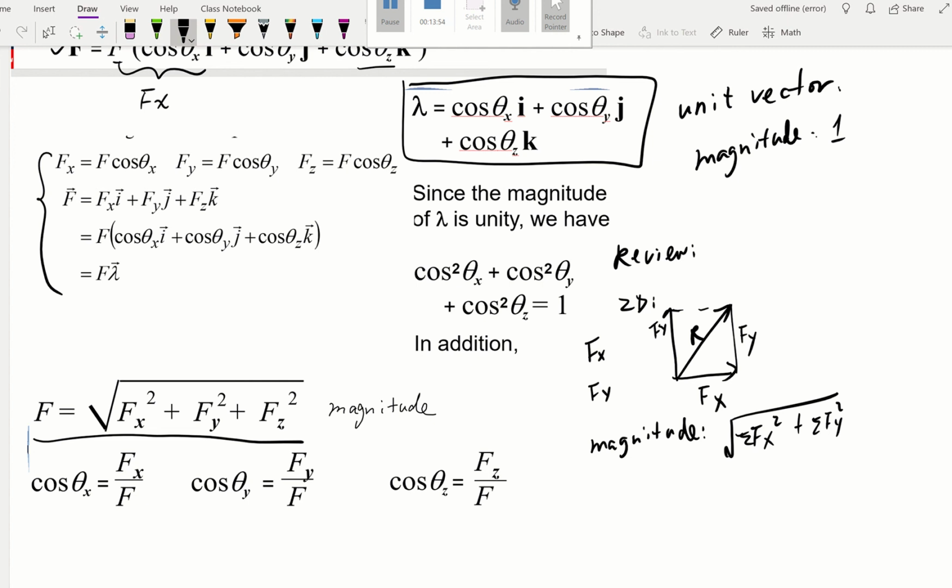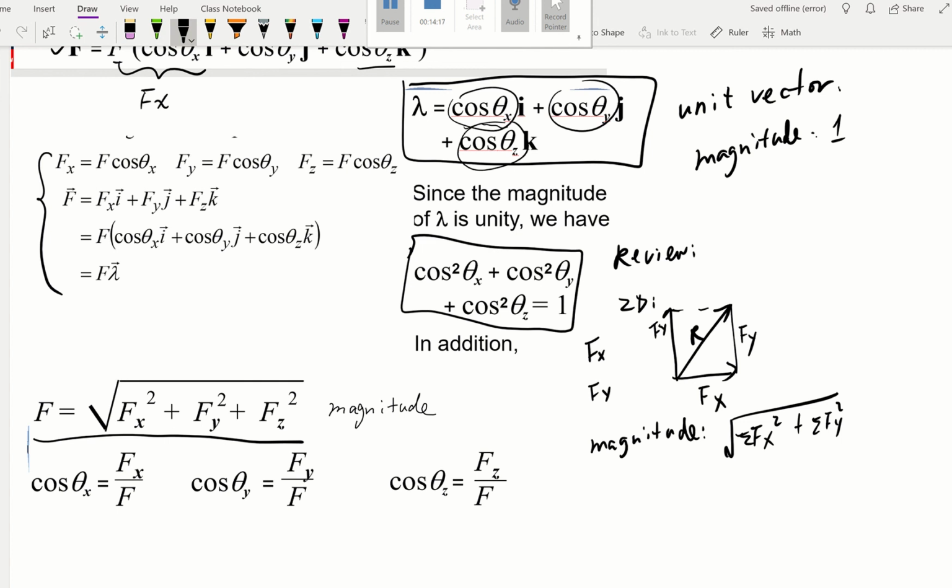Then we talk about this unit vector, which means the magnitude is 1. If it is 1, this term squared plus this term squared plus this term squared is going to be equal to 1. So that's going to be an important equation that helps us solve some problems.